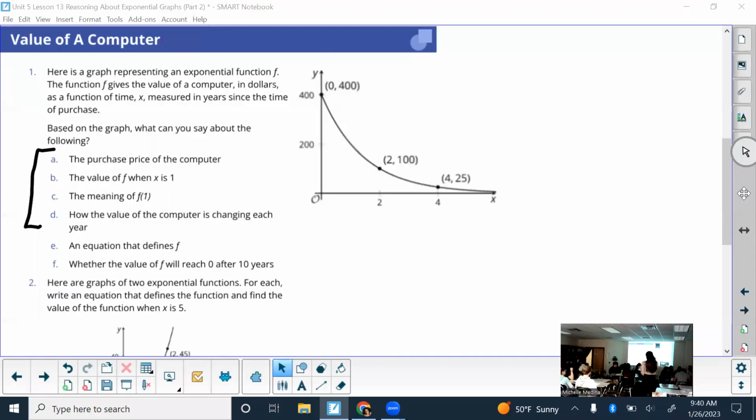What is the purchase price of the computer?